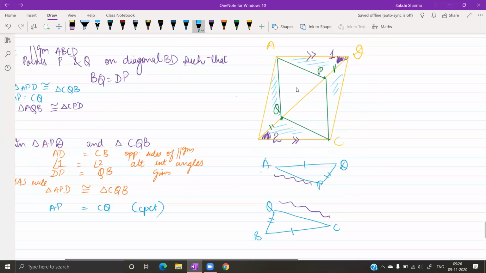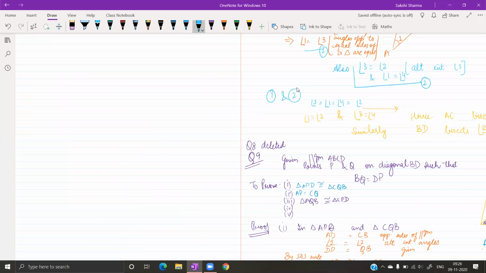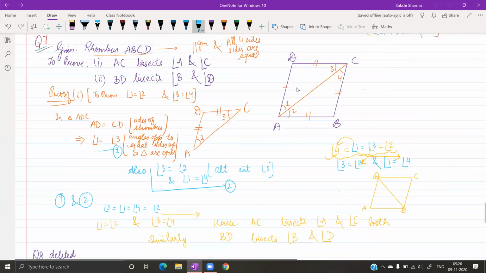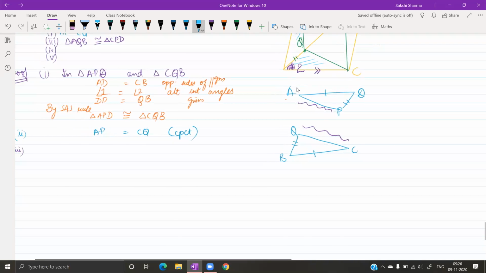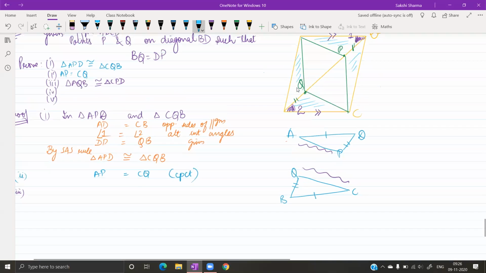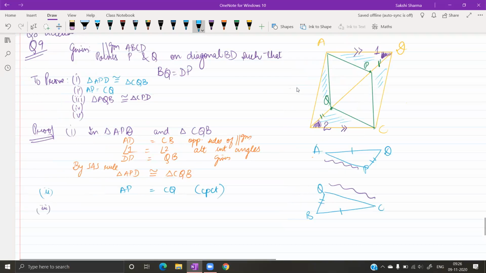If you are to prove the congruence of these two triangles, this is triangle AQB and you have triangle CPD.